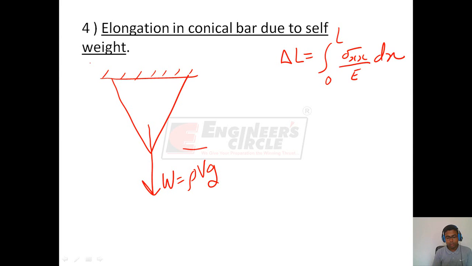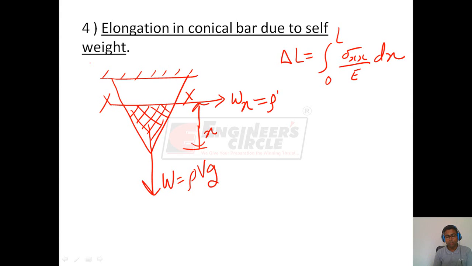Now, if we consider any cross section at a distance x, that is this cross section, we can see that the load that will be acting on this cross section xx will be the weight of only this shaded area. Therefore, the load on this cross section will be Wx, equal to the weight of this shaded area, which is given by rho into volume of this shaded area Vx into g.